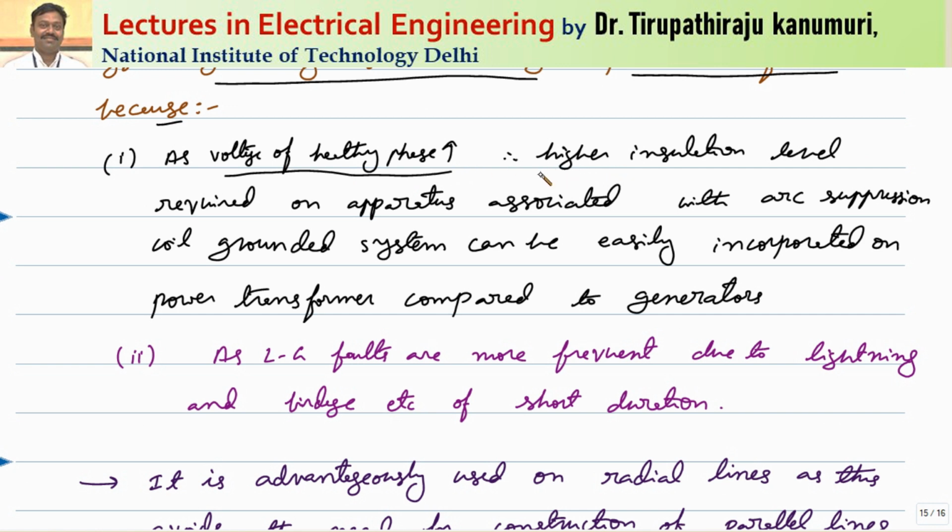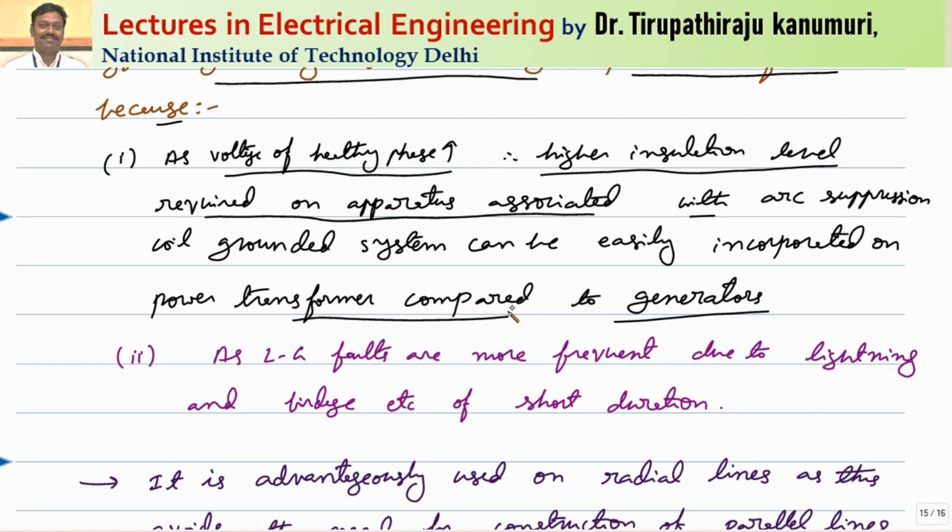So automatically the insulation level required for each phase on the apparatus will be increased now to the line voltage. Agree with me? So that means the insulation should be provided for the line voltage. Providing the insulation for the line voltage is very easy in the transformer when compared to that of the generators, because if you want to increase the insulation in generators, the size of the generator increases drastically. So it is not possible in practice. So that's why it is only used for the case of the transformers.